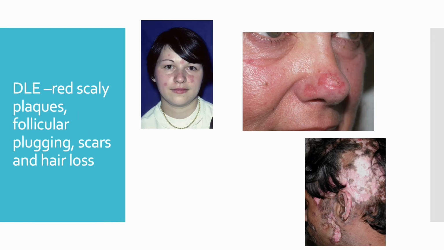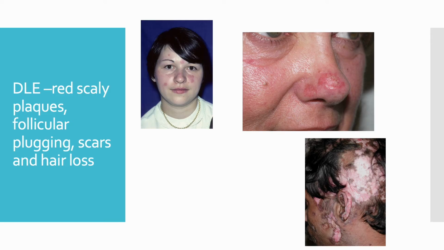So here are some examples of discoid lupus erythematosus. This tends to produce discrete, red, scaly, initially papules, which extend out to produce plaques, most commonly on the face, neck, and scalp. At first, they may be intensely red and inflamed, but as the condition continues, it will produce scarring.